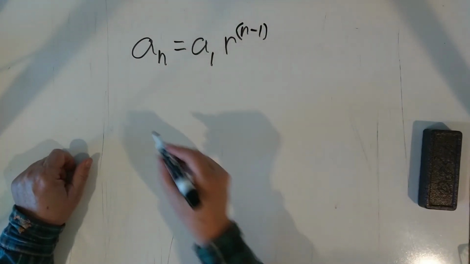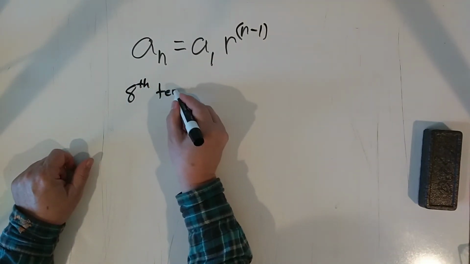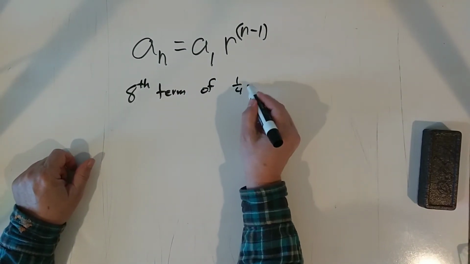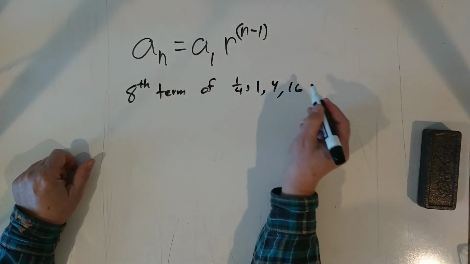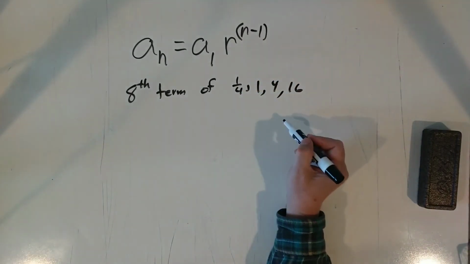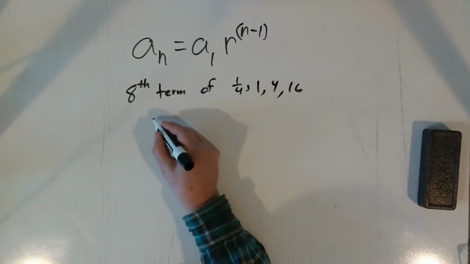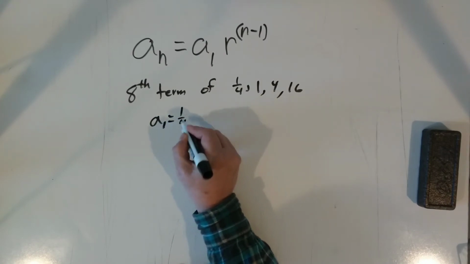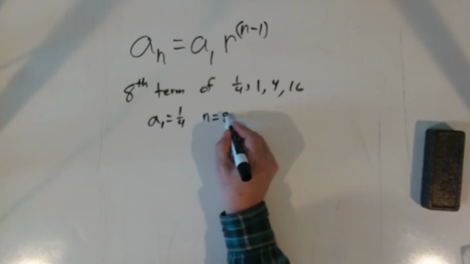And let's find the 8th term of 1/4, 1, 4, and 16. So the first thing I need to know is, what is the first term? Well, I see the first term is 1/4. We're looking for the 8th term, so that means n equals 8.